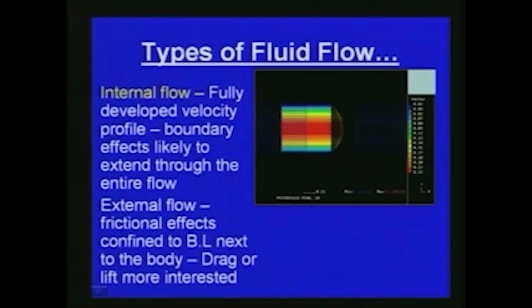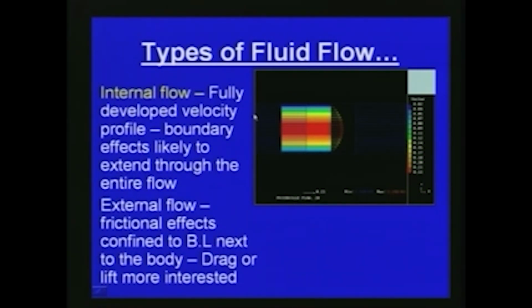Now, as far as internal flow is concerned, take a pipe flow. The boundary effects are likely to extend throughout the entire flow, as you can see in this slide.